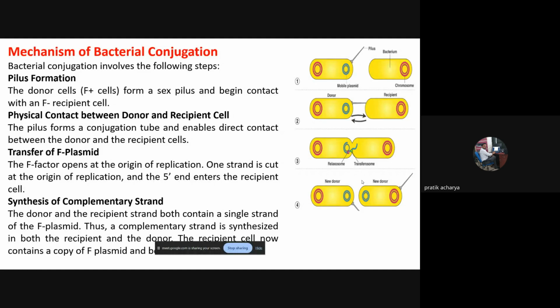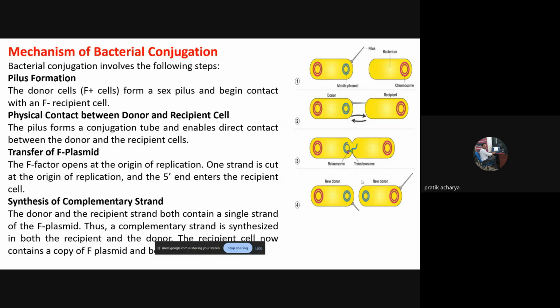The donor and the recipient strand both contain a single strand of a plasmid. The complementary strand is synthesized in both the recipient and the donor. So the recipient cell now contains a copy of the plasmid and becomes the new form. They can donate the same thing to other bacteria which do not have this property.